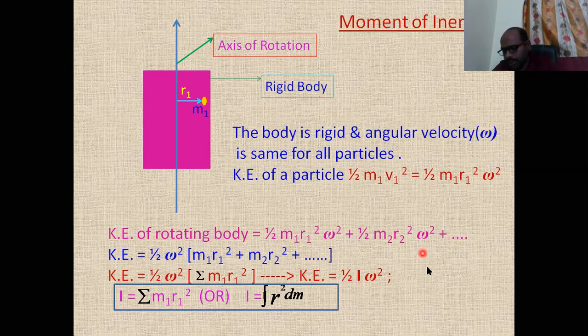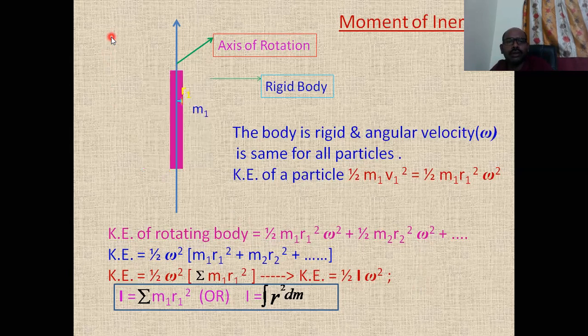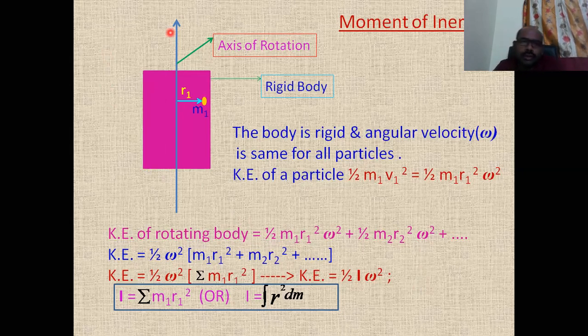Now we can see once more. Just like this. Again, if we identify one particle P at a distance r1 from the axis of rotation, a particle of mass m1, then we write the corresponding equations.